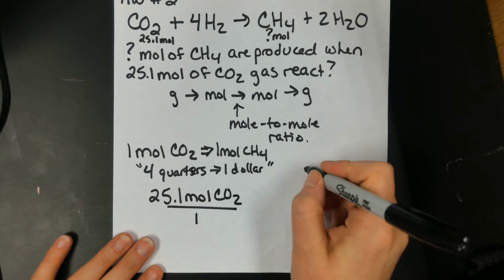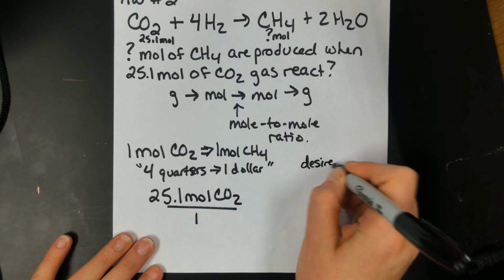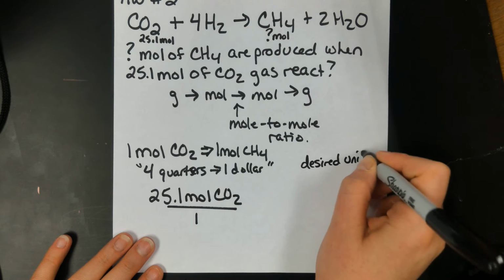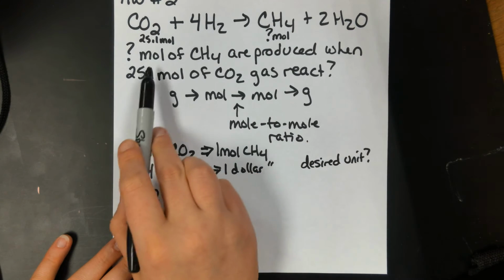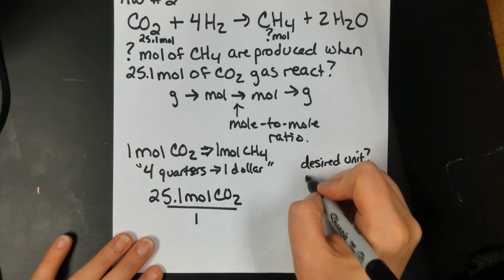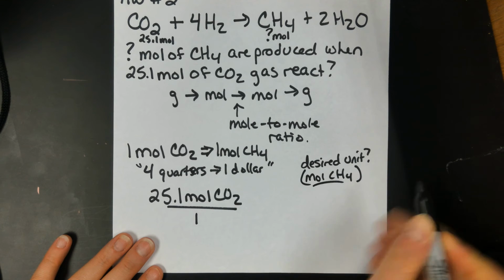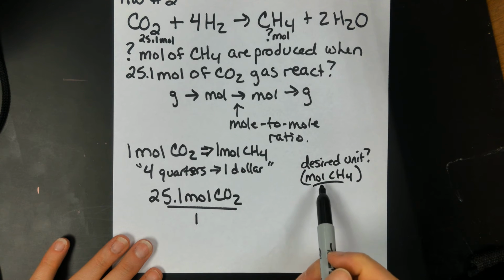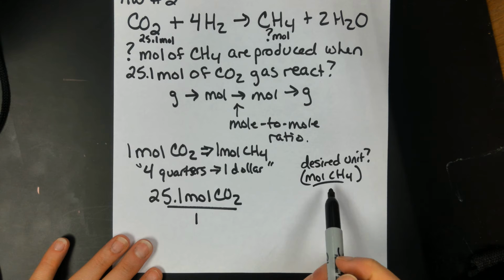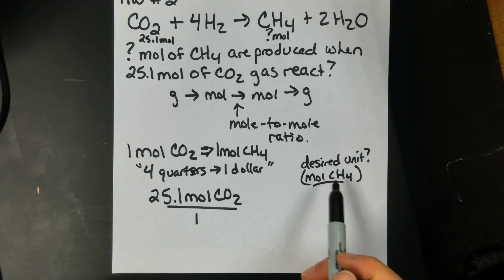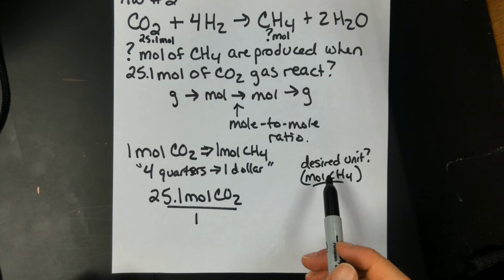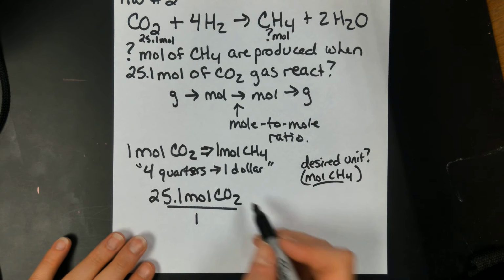What is my desired final unit? The question is asking for moles of CH4. So this is what I'm going to try to have in my numerator, the top of my fraction. So always have the desired unit on top, and you cancel out other things on the bottom.